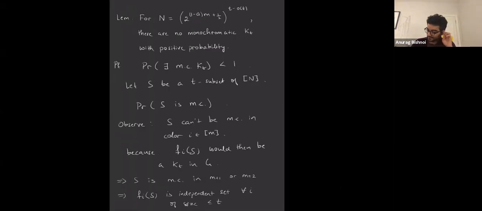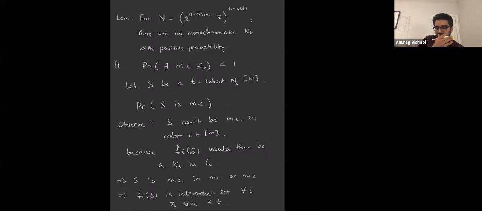So now, how do we go about this? We want to bound the probability that Fi of S is an independent set of size t.